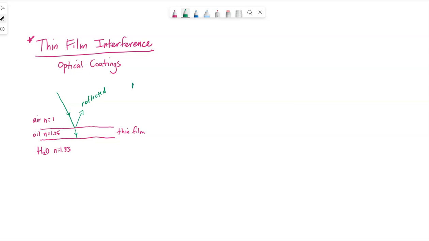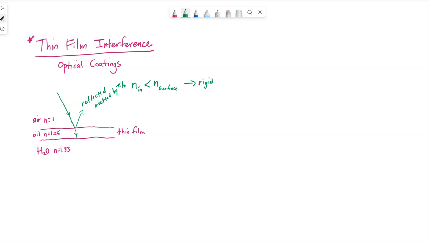If the N that the light is in is less than the N of the surface it's reflected off of, this is considered a rigid boundary. If you remember with a string, that rigid boundary causes an inversion. So this is inverted by pi radians, or half a wavelength.